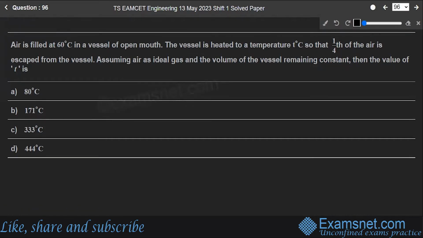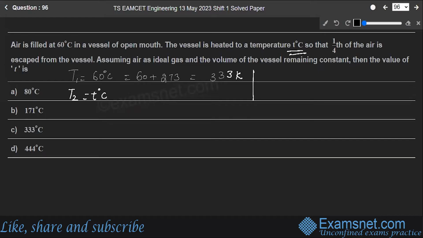So here in the question, you are given the two temperatures. The first temperature is equal to 60 degrees Celsius, or this is equal to 60 plus 273. This is equal to 333 Kelvin. And the second temperature is equal to T degrees Celsius. Let it be that only.